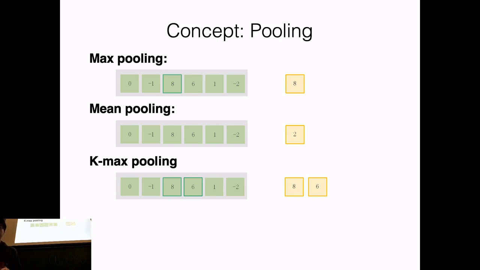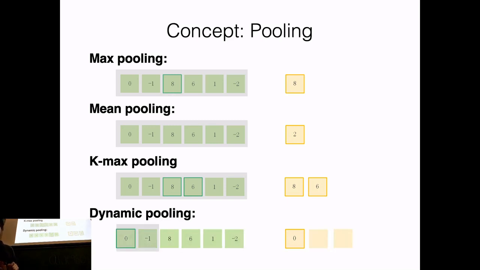For K-max pooling, K is a hyperparameter, and here K equals 2. We set K as 2, and two-max pooling says we should choose two elements, and the values are the top two highest values of the input vector. Last is dynamic pooling.